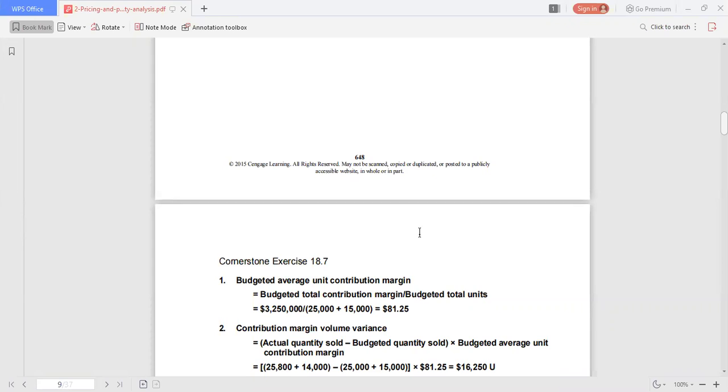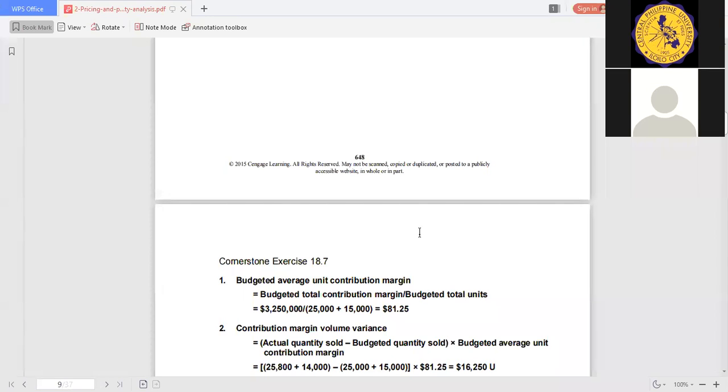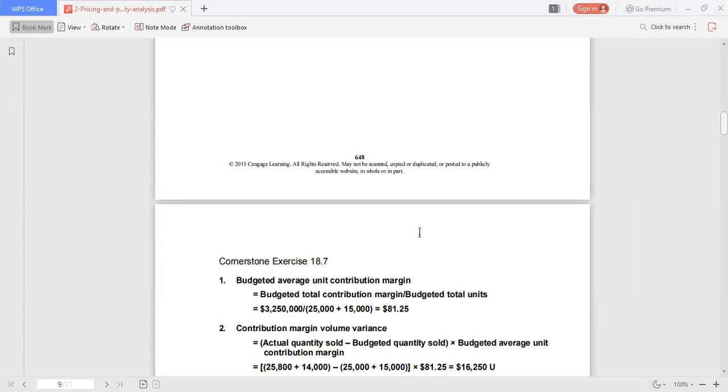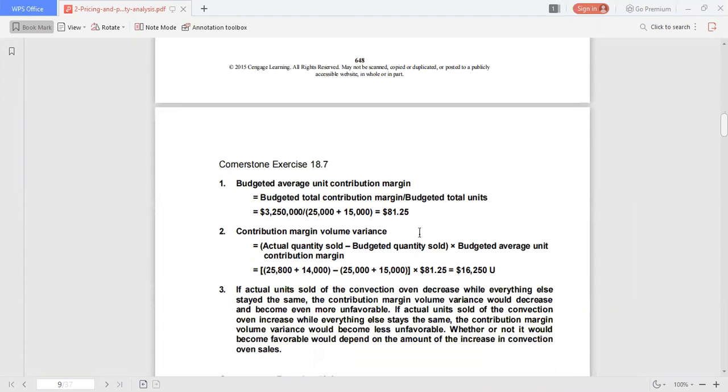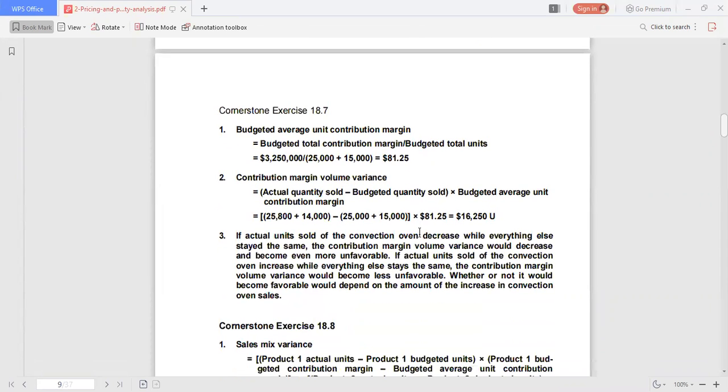So, we now compare the two: 25,800 plus 14,000 minus 25,000 and 15,000, multiplied by 81.25, giving us the unfavorable contribution margin volume variance.